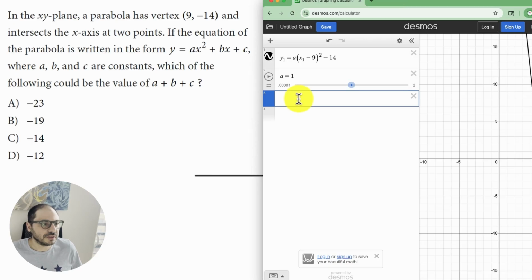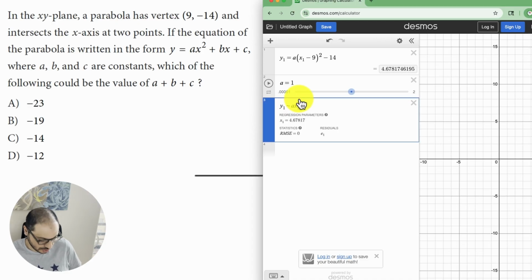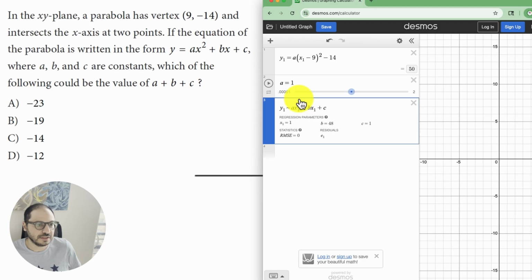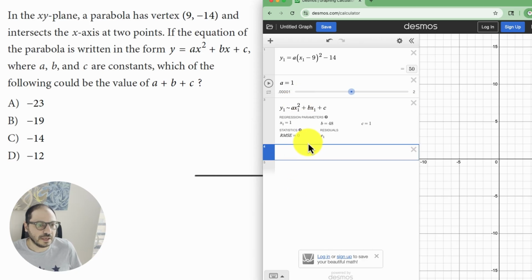Now we're going to put y1 tilde, and put the equation in standard form: ax1 squared plus bx1 plus c. And then a plus b plus c is 50. So if we slide this to the lowest value, like 0.001, it's not 0, but I'm just getting as low as I can go.